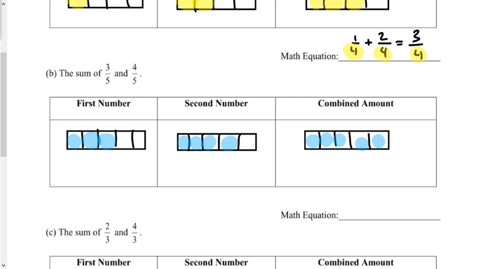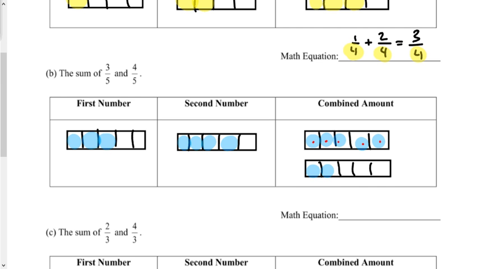It turns out I need another whole amount so that I can break it up into the appropriate pieces, into the same size pieces. There, now I've already shaded in 2 of them, and I still need 2 more to get to the 4. There. Now you can see I've got 1, 2, 3. That's for this part here.